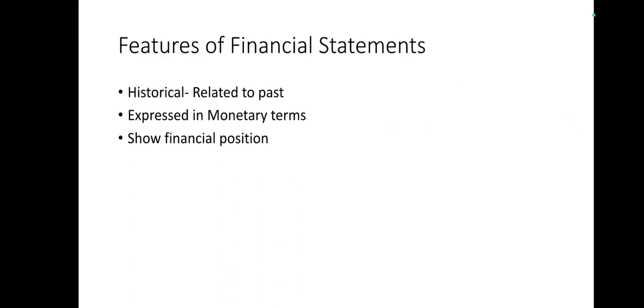We have some important features of financial statements. First, they are historical in nature. When we say historical, that means it is related to the past. When we prepare the balance sheet or final accounts, they are prepared on the basis of transactions which we have made in the past. Second, they are expressed in monetary terms.